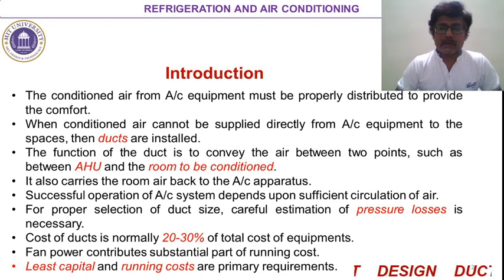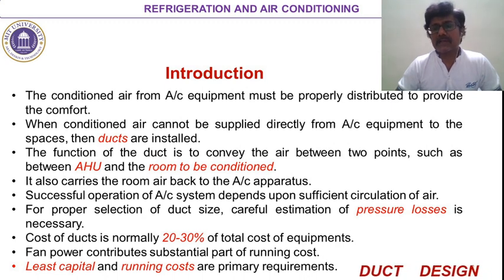One of the locations is the AHU, that is the air handling unit, which handles the outside air or fresh air with some part of the recirculated air, and the other point is the room which actually needs to be conditioned, where the effect of that air has to be felt by the number of occupants.